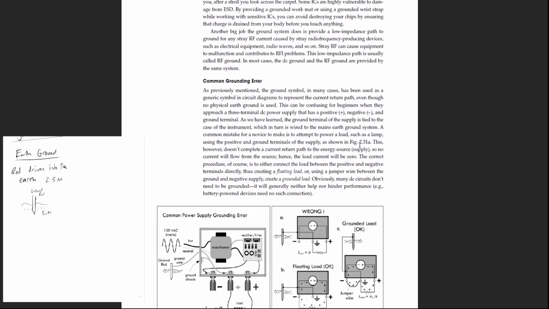This can be confusing for beginners when they approach a three-terminal DC power supply that has a positive, negative, and ground terminal. As we have learned, the ground terminal of the supply is tied to the case of the instrument. Okay. But where did they mention that? I know I kind of skipped over it a bit.